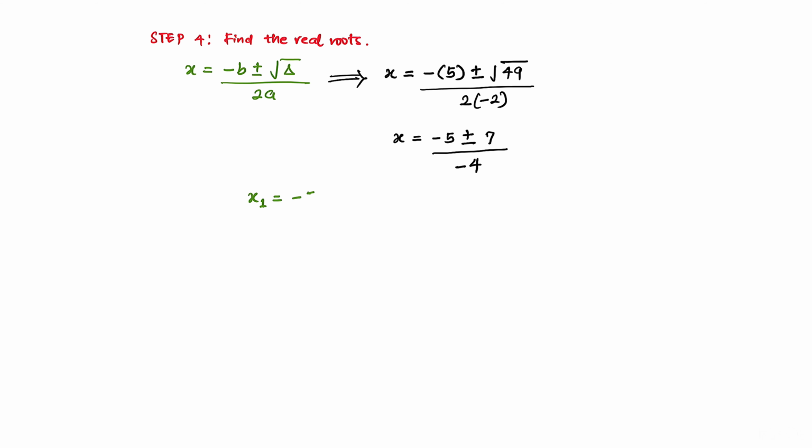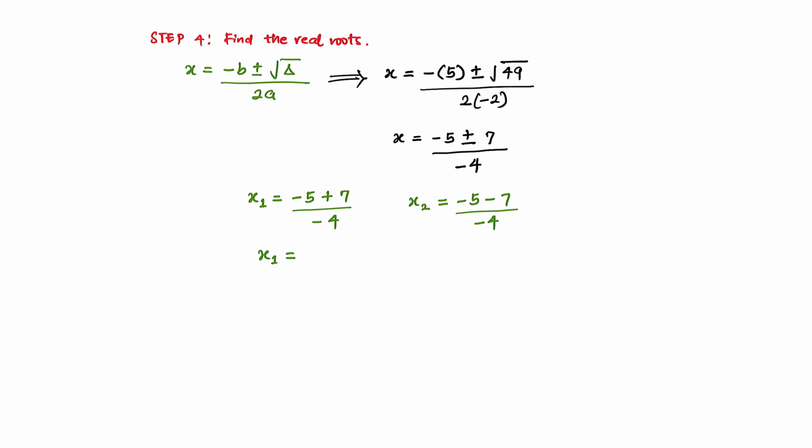That will be minus 5 with a positive operation, plus 7 divided by minus 4, and x2 with the negative operation will be equal to minus 5 minus 7 divided by minus 4.